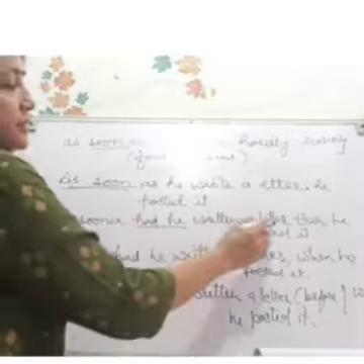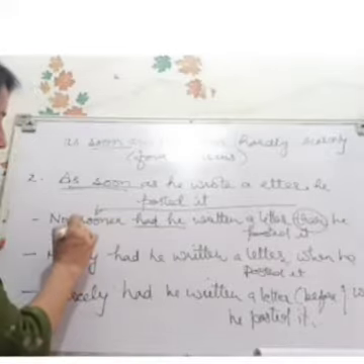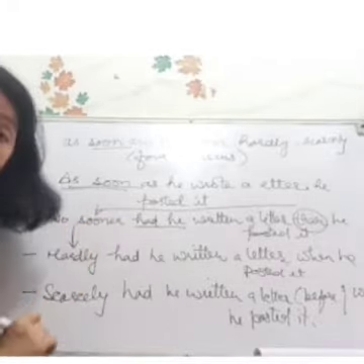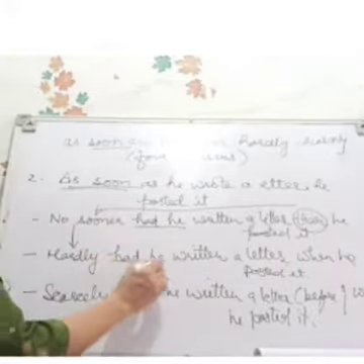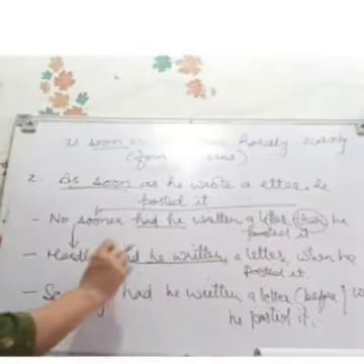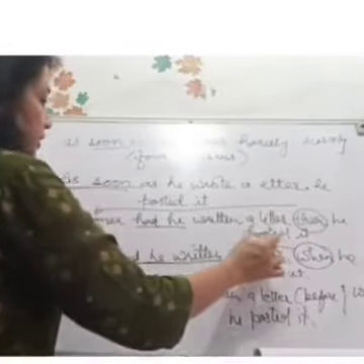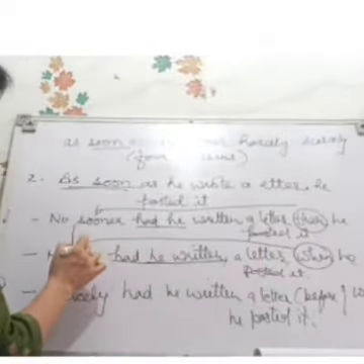So had he written a letter, and with no sooner comes than. Clear? Now it will remain the same. No sooner is changed into hardly, and had he written, these all remain the same with had, third form of verb, and when.